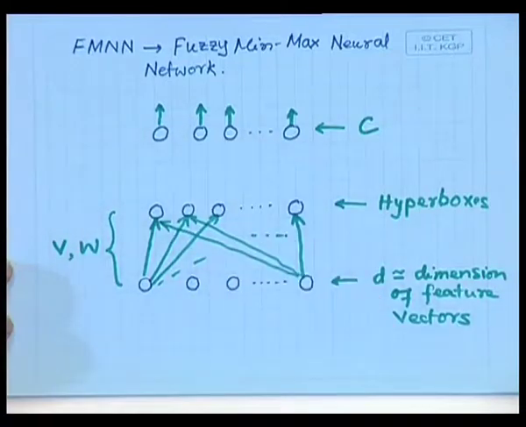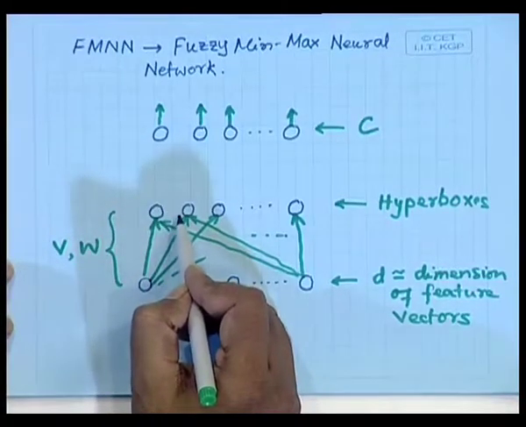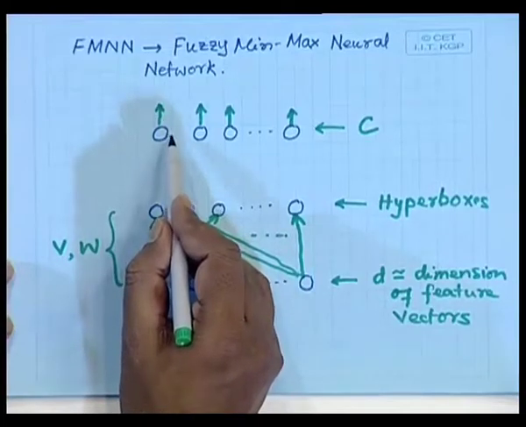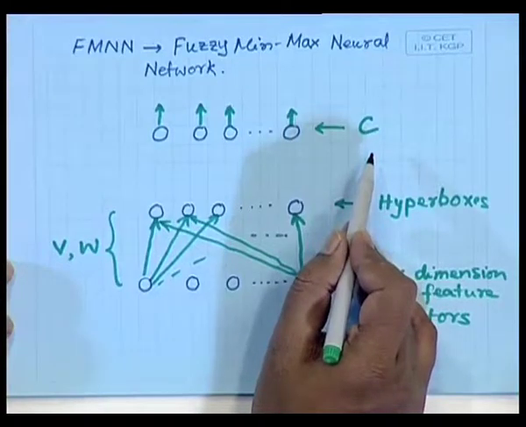Okay. And these connection weights are represented in the form of two matrices, one matrix corresponding to the min point and one matrix corresponding to the max point. Okay. And for the connections from the hidden layer nodes to the output layer nodes, as I said, these output layer nodes represent different classes. Okay.